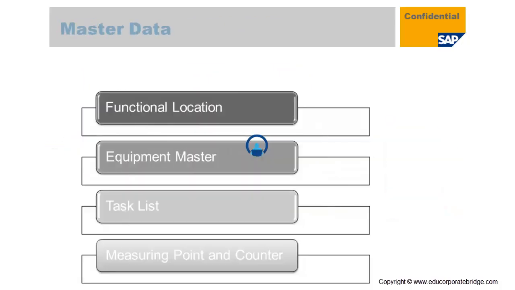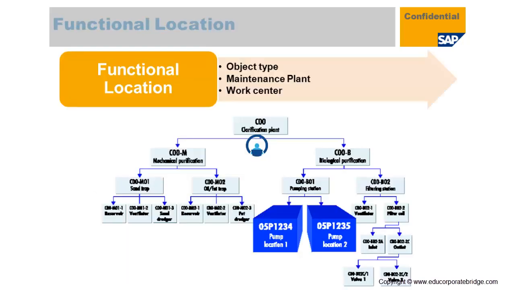Master data. So functional location, equipment master, task list, measuring point and counter, these are the highlighted master data in plant maintenance. The functional location contains the object type, maintenance plant, and the work center, which can be assigned there. The functional location has a classification.